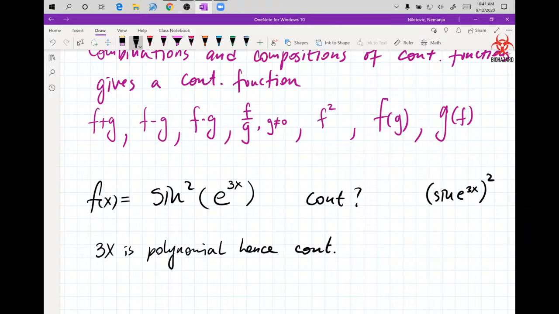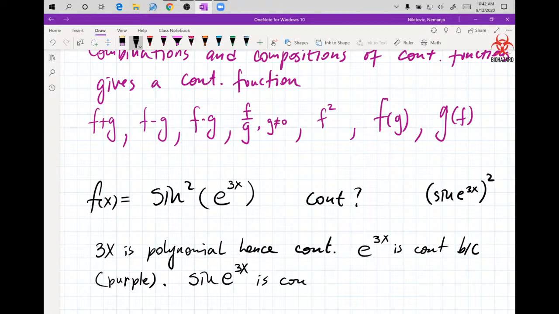So now you call on the purple and you say that e to the 3x is continuous because composition of two continuous functions is continuous. And then sine of e to the 3x, that's another composition, is continuous because purple.